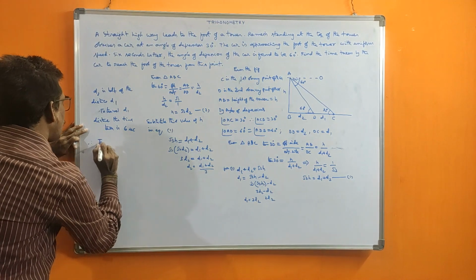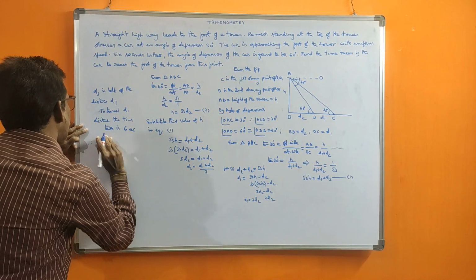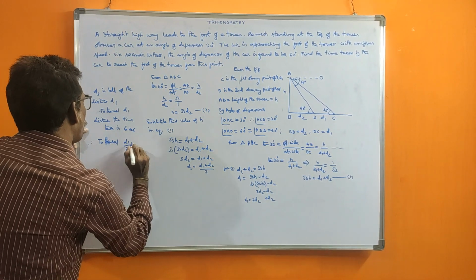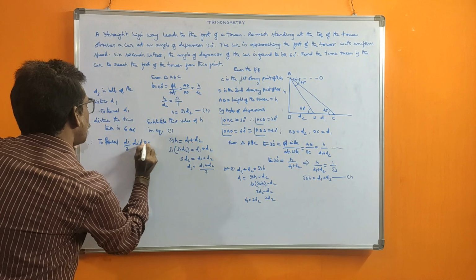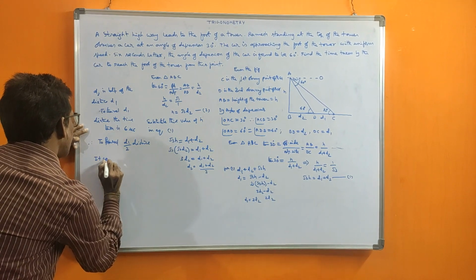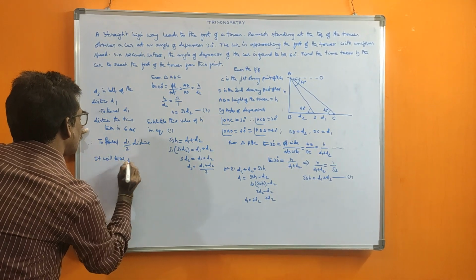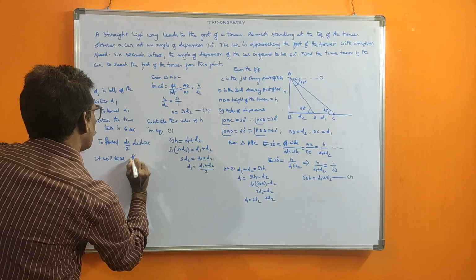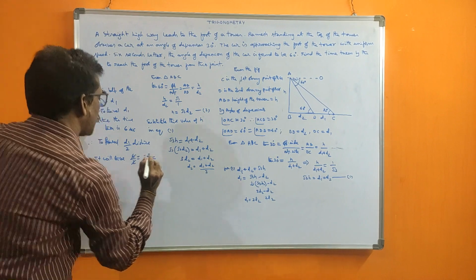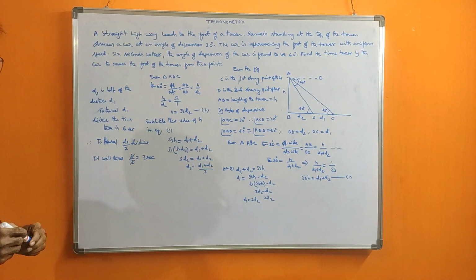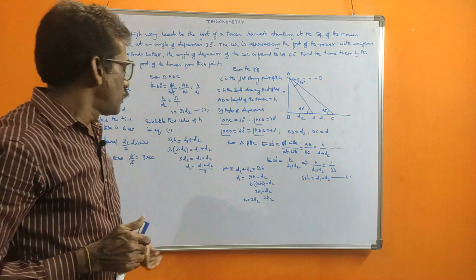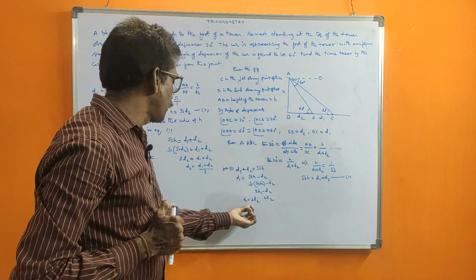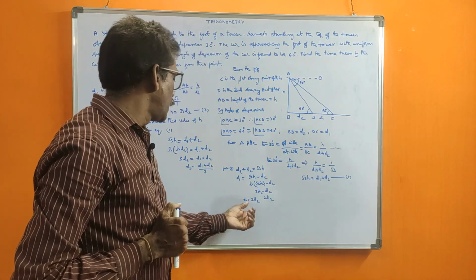Therefore, to travel D1 by 2 distance, it will take D1 by 2. For D1 distance it is 6 seconds, so 6 by 2, that is 3 seconds it will take. So that is the answer. Understood? Because of these D1 and D2 relations, D1 is equal to 2 D2 we got.